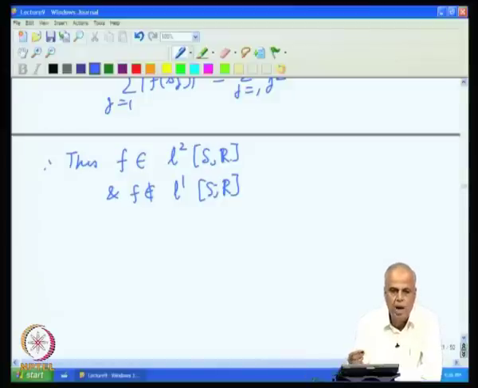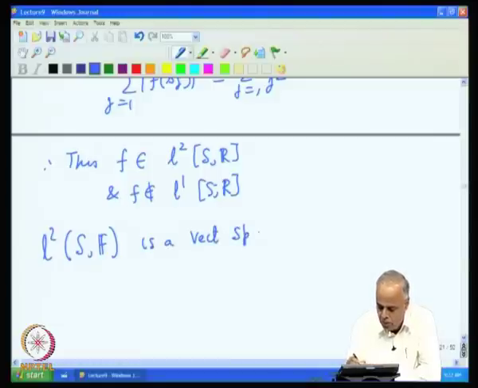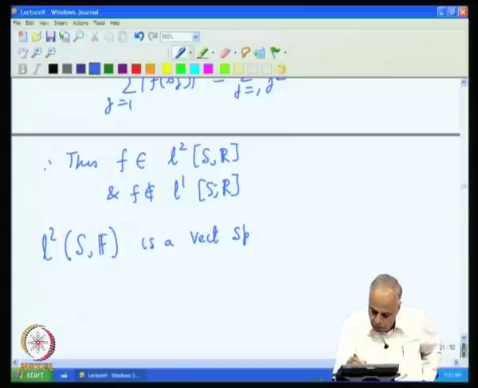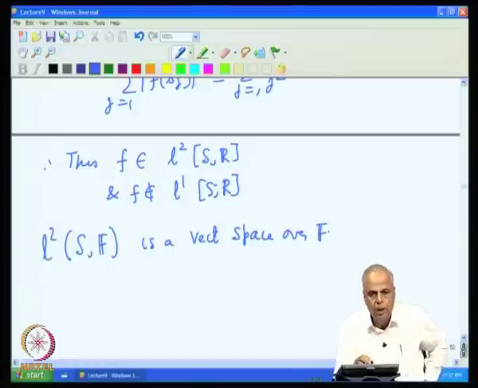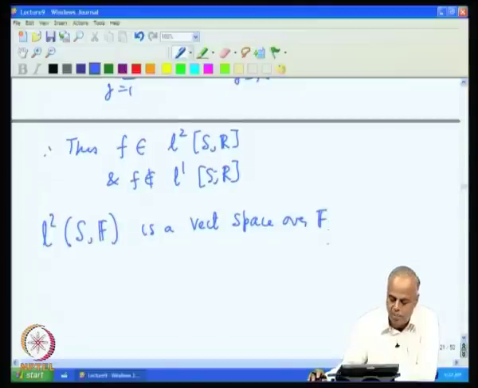Similarly, you can replace R by C, we get the complex functions. So, therefore, L2 S F, where F is R or C, is a vector space over F with the usual laws of addition, because we know how to add functions, we know how to multiply a function by a scalar, these are all pointwise.